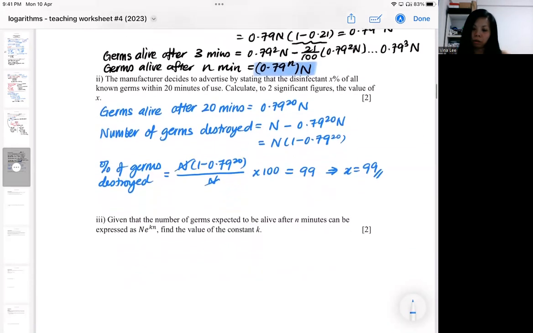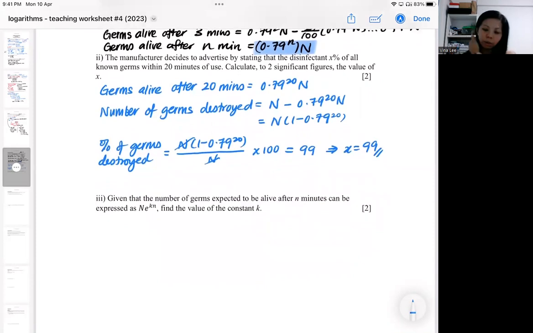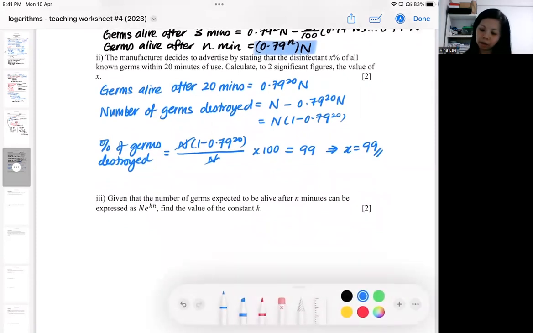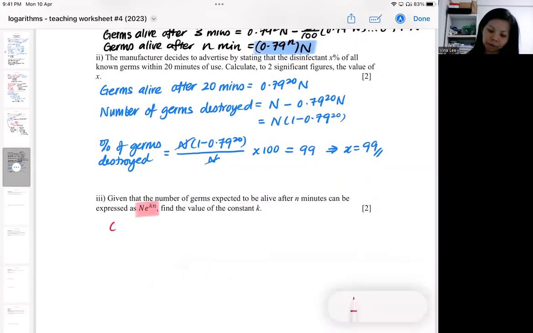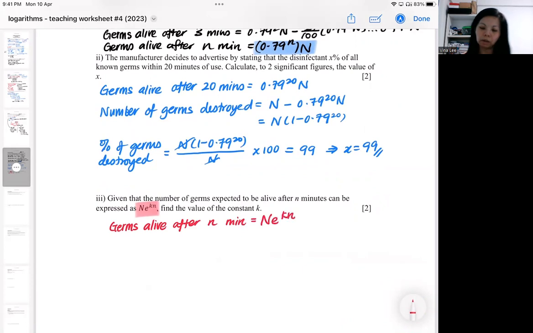After this, they come up with another formula, again for the germs alive after n minutes, and you are asked to find the value of k.